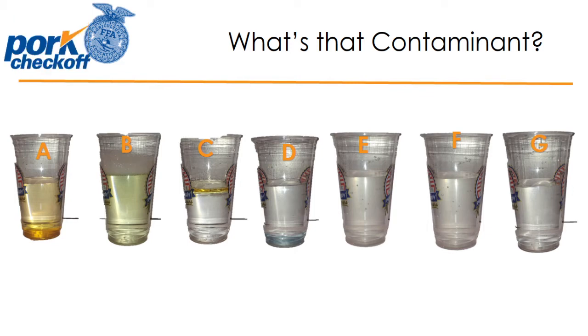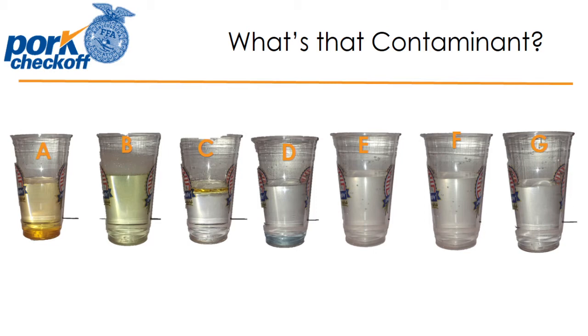And I'm going to give you guys about 30 seconds. And in those 30 seconds, I want you to look closely at A, B, C, D, E, F, and G. And I want you to write down at least 4 that you absolutely are certain have contamination of some kind.